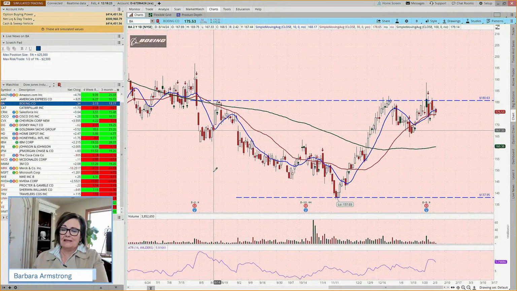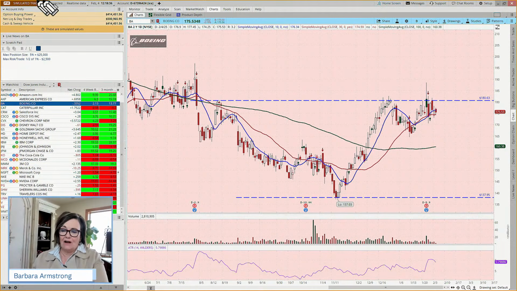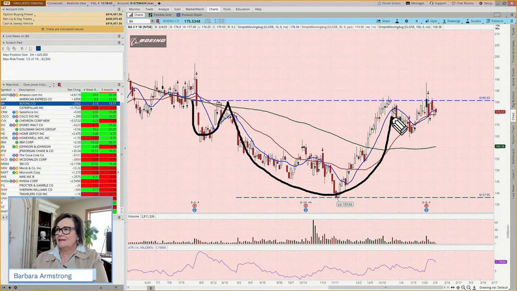But do you see this pattern? Some might look at this and say, well, I see an inverted head and shoulders. And others might say, well, what are you talking about? So here's the first shoulder. Here's the head. Here's the second shoulder.